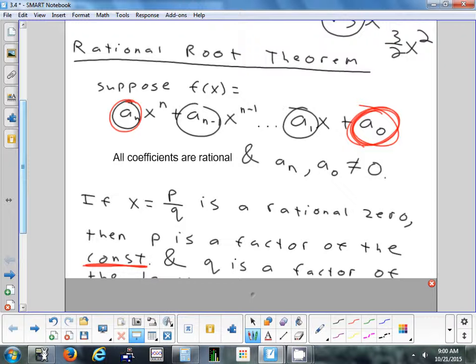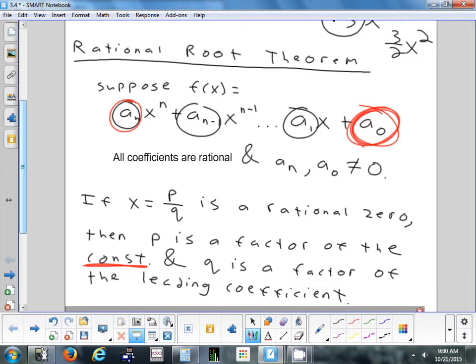And the denominator, q, that's all the factors of the leading coefficient. So let's say the leading coefficient was 4. Then our possibilities for q would be 1, 2, and 4.